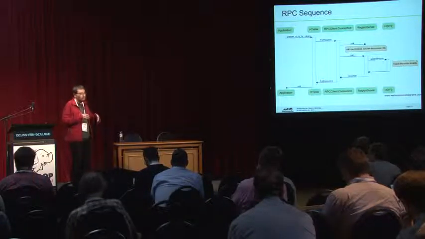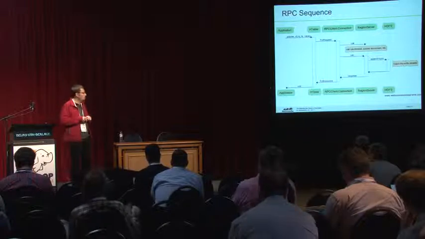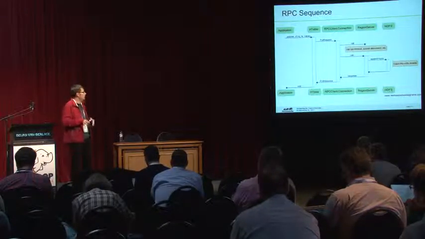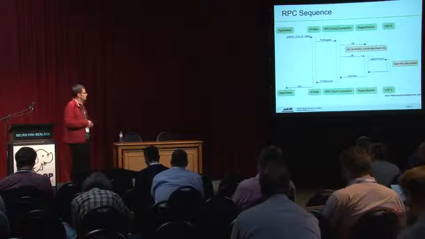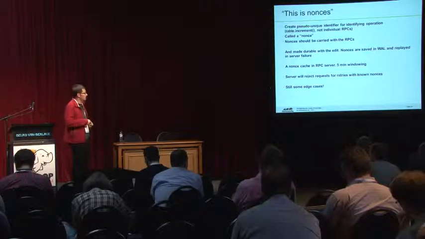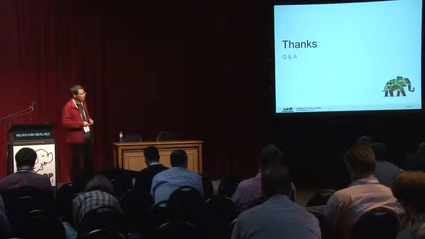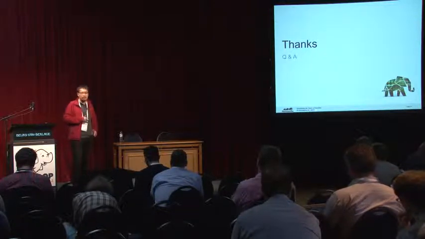So even if you're retrying over different servers, the nonce is kept in the cache so that the double increment is rejected. Okay, I think that's the end of the talk. If we have time, we can take a couple of questions.